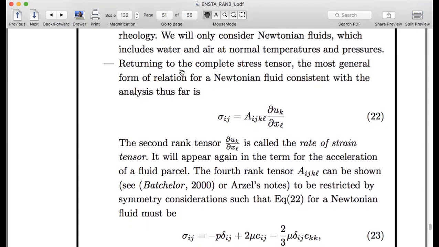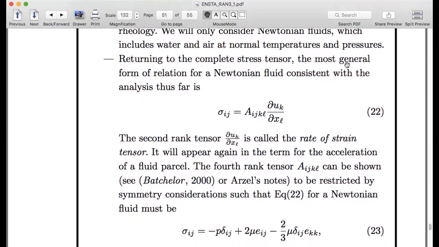I guess that comes up in geology, right? You have complicated rheologies in maybe lava flows, or granular material. But in the atmosphere and in the ocean and many engineering applications, the fluids are Newtonian.